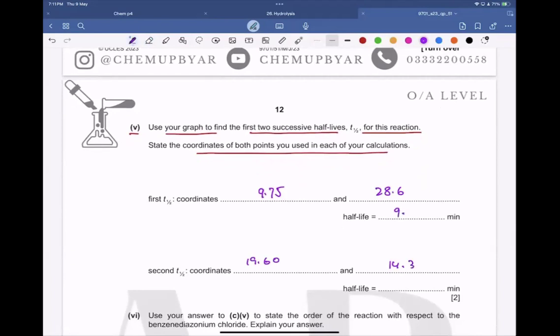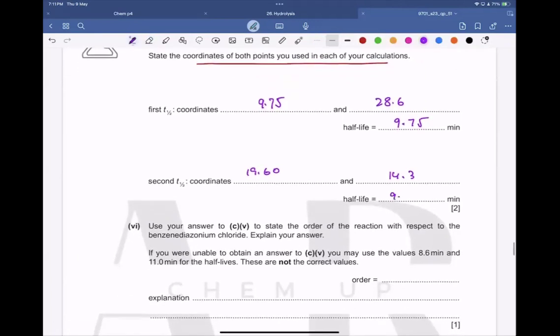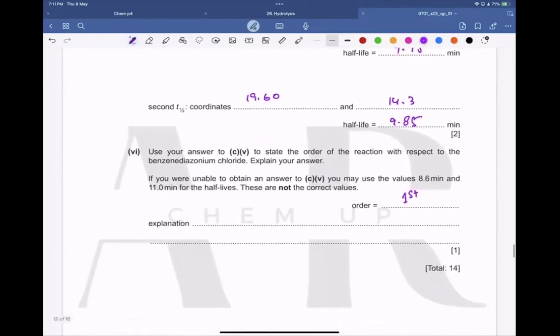So here I am getting the half-life of 9.75 and here I am getting the half-life 9.85. So order is first. Okay, and explanation: the half-lives are constant. Is this understandable to all of you?